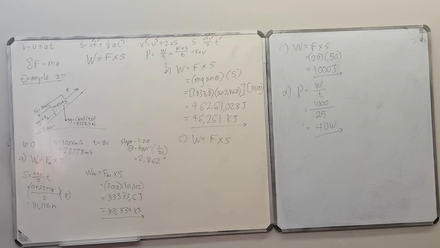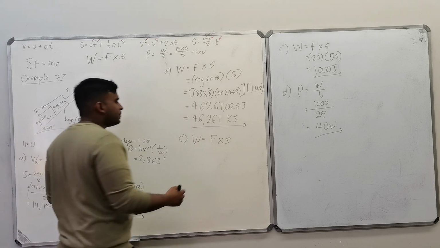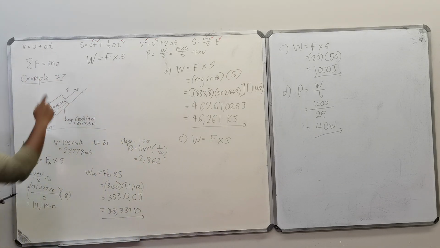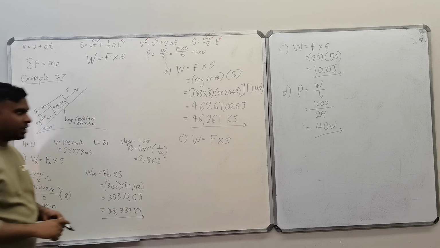M times A. We know the mass. Do we know acceleration? No. We can solve for acceleration, or you could have said 300 minus whatever this force was. But let's solve for acceleration because I think we're going to use it after this. We know final velocity, initial velocity, and time.